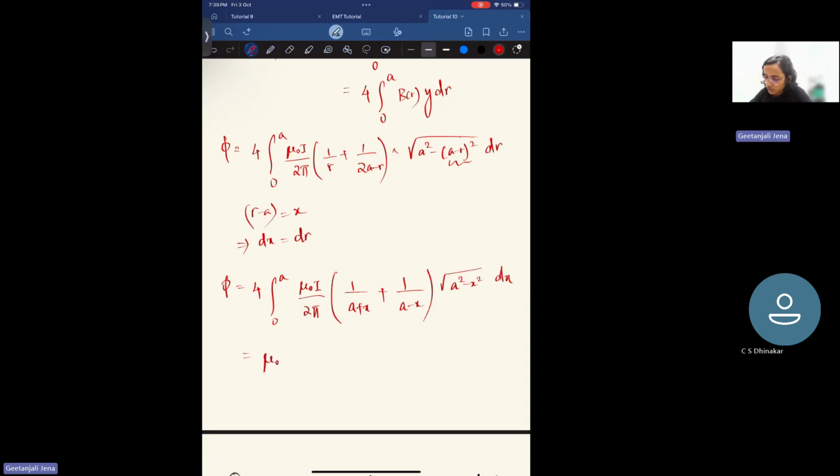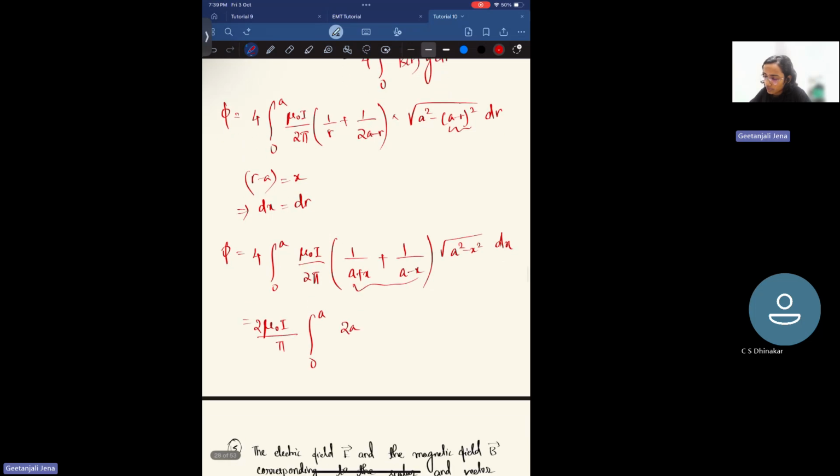This is μ0 I by π, 0 to a. The numerator will give 2a, and the denominator a square minus x square.